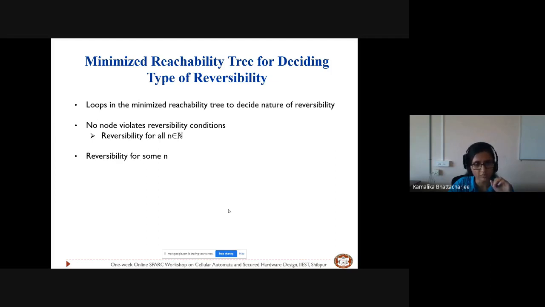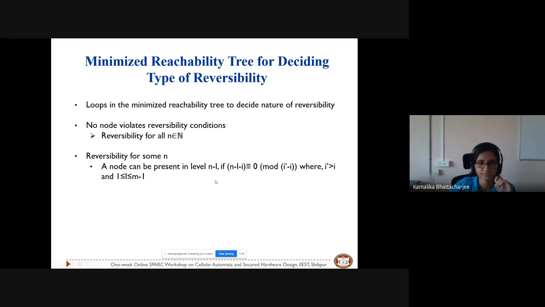Now, if the CA is irreversible for some n, that means we will have some node inside some loop, which we can decide by using the previous equation, that is, whether our node can be present in this level or not.